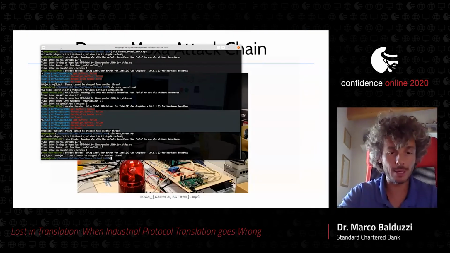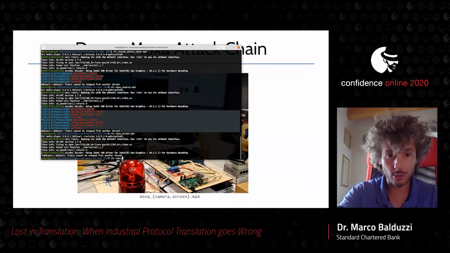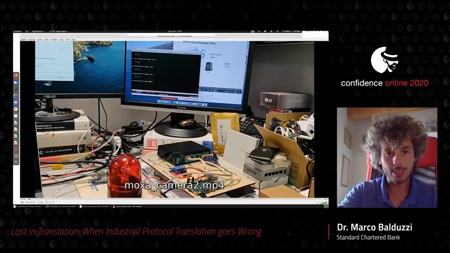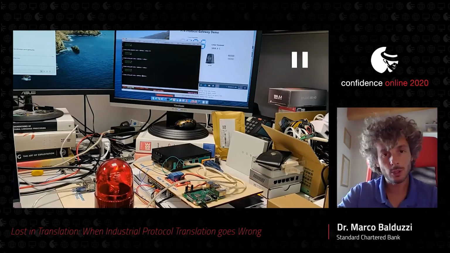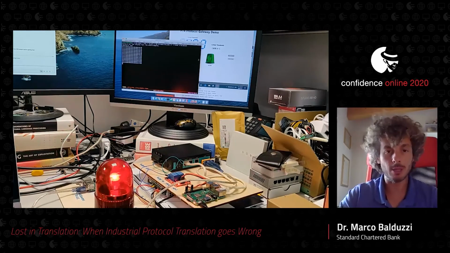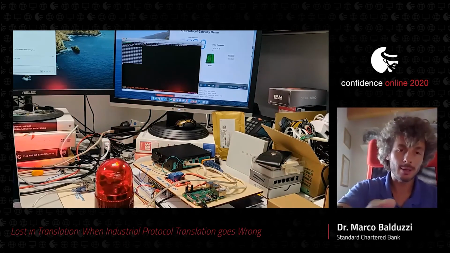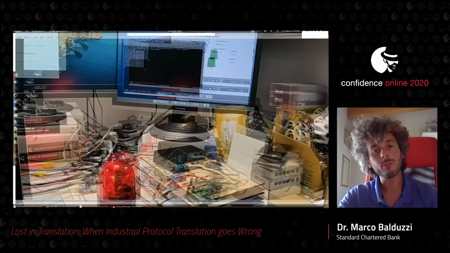You can see it from the PLC interface, the HMI interface connected to the PLC, sorry, and also physically from here. Here you can see on the screen that we are flipping that bit, we do an overflow, and we bring the temperature down to negative.